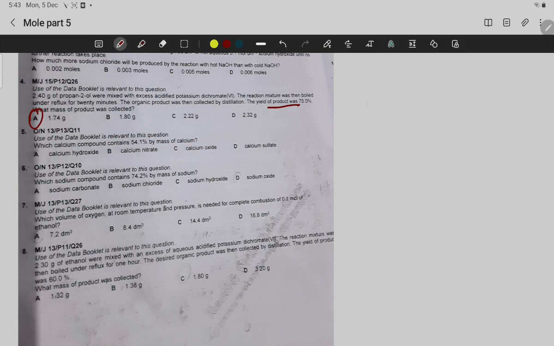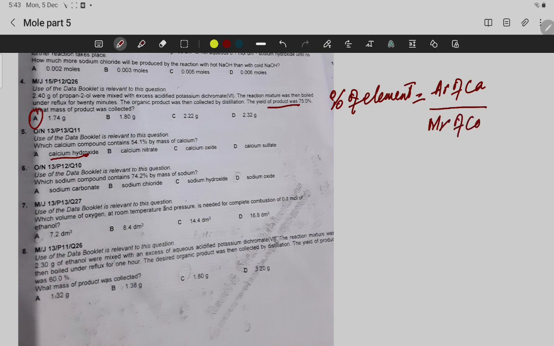So calculate like this. Percent of element, we know, is AR of calcium divided by MR of compound into 100.